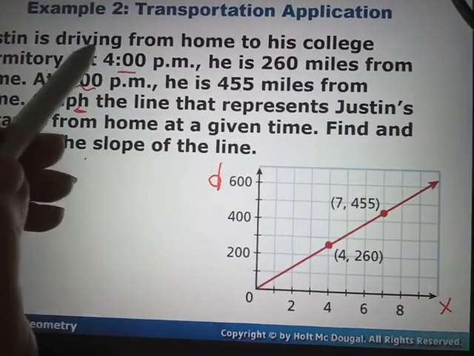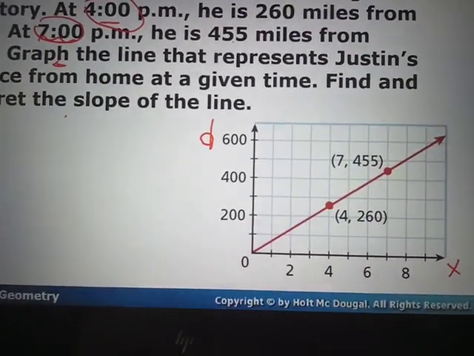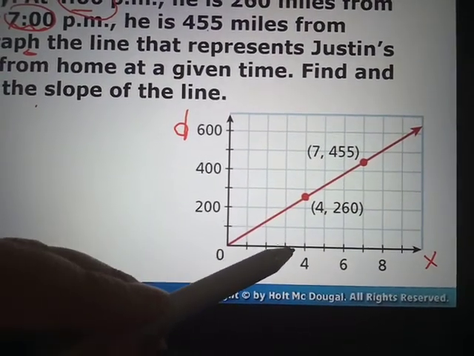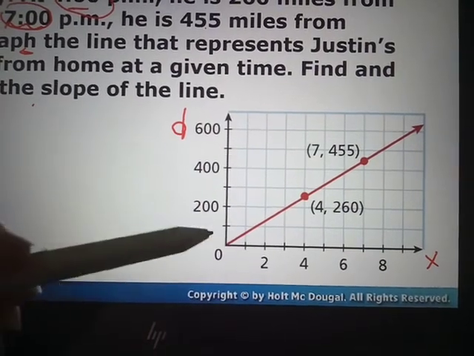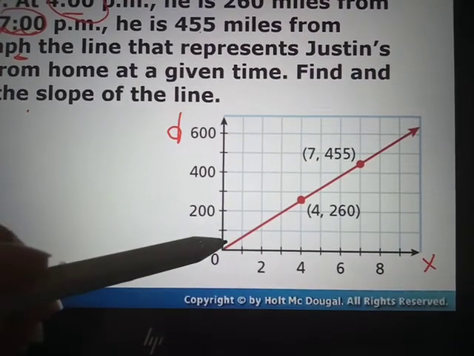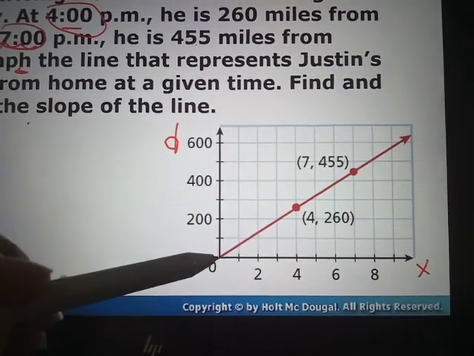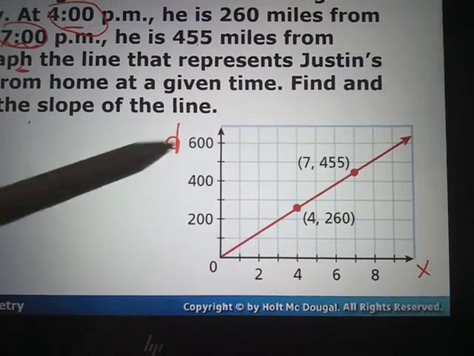Here the times are 4 and 7, so we can skip by 1s: 0, 1, 2, 3, 4, 5, 6, 7, 8. And for the distance we can count by 100 miles for each square: 0, 100, 200, 300, 400, 500, 600.